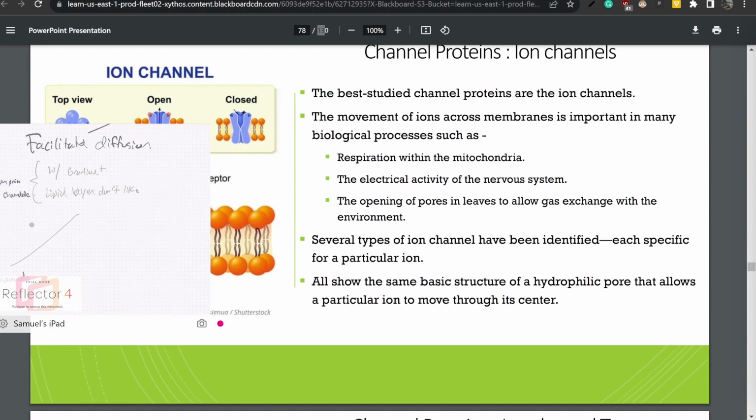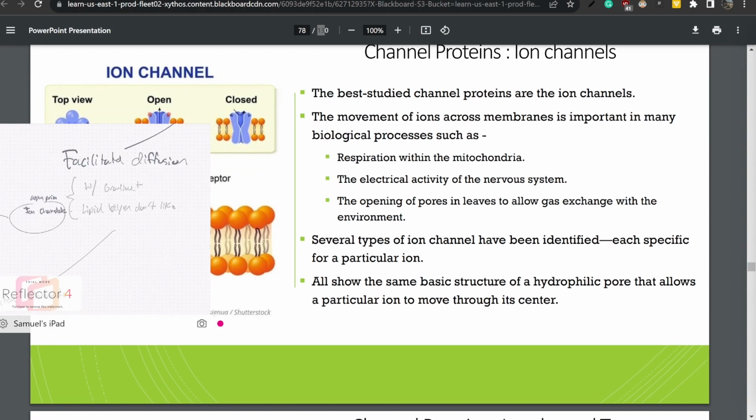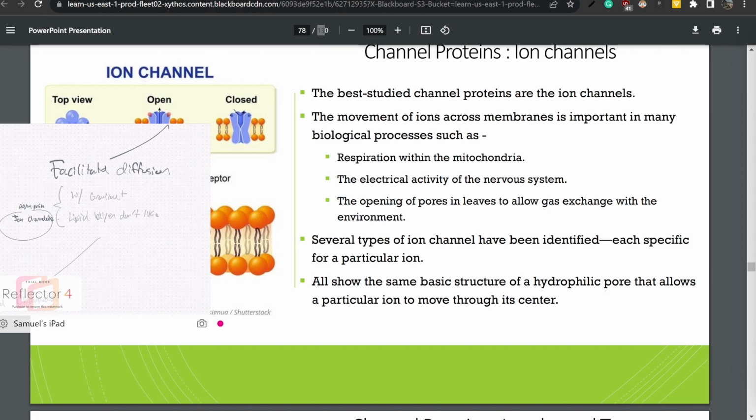It looks like ion channels are actually very important, so it's going to get its own category.